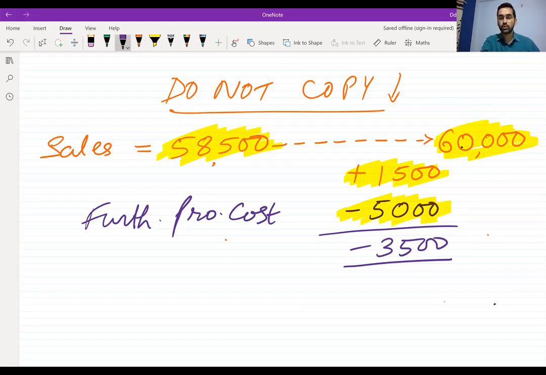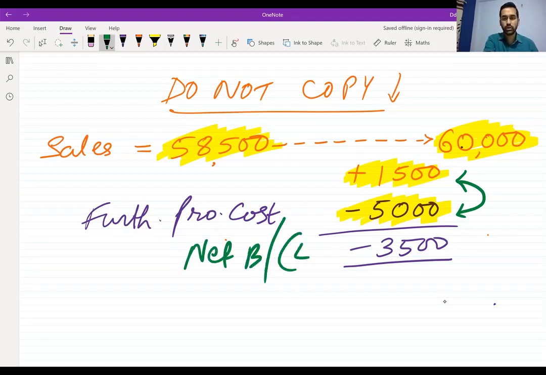They want you to spend 5,000 rupees extra and do further processing so that you can increase your sales income by 1,500. That means 5,000 extra you will pay, 1,500 extra you will earn. Net benefit or loss to you is negative 3,500, which means further processing is a bad decision.